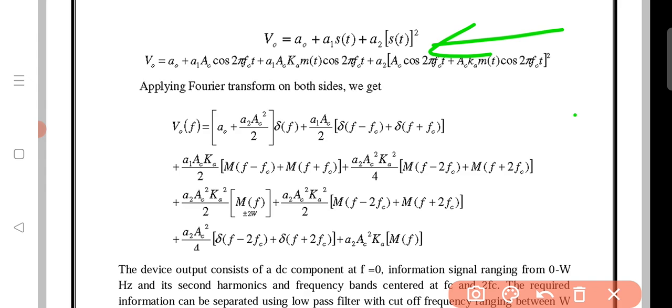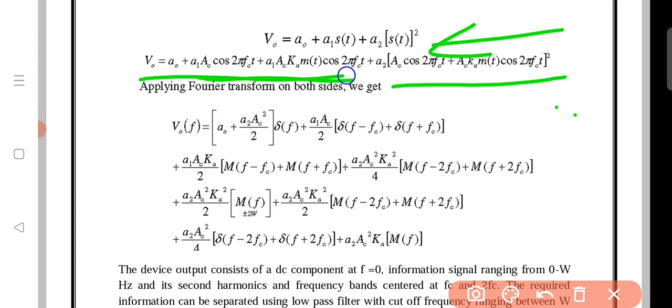Now substitute S of t equal to AC cos 2 pi fct plus AC Ka m of t cos 2 pi fct.